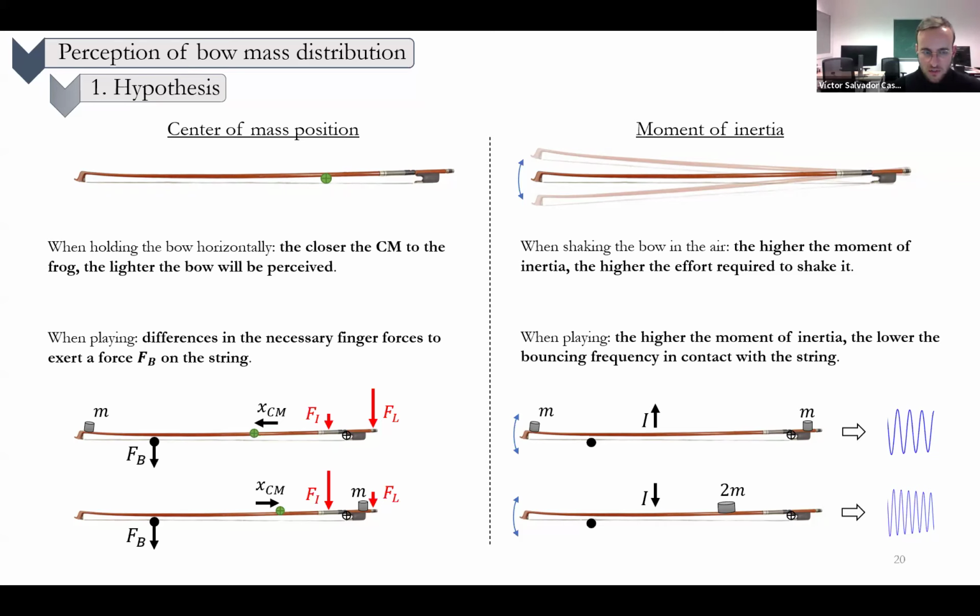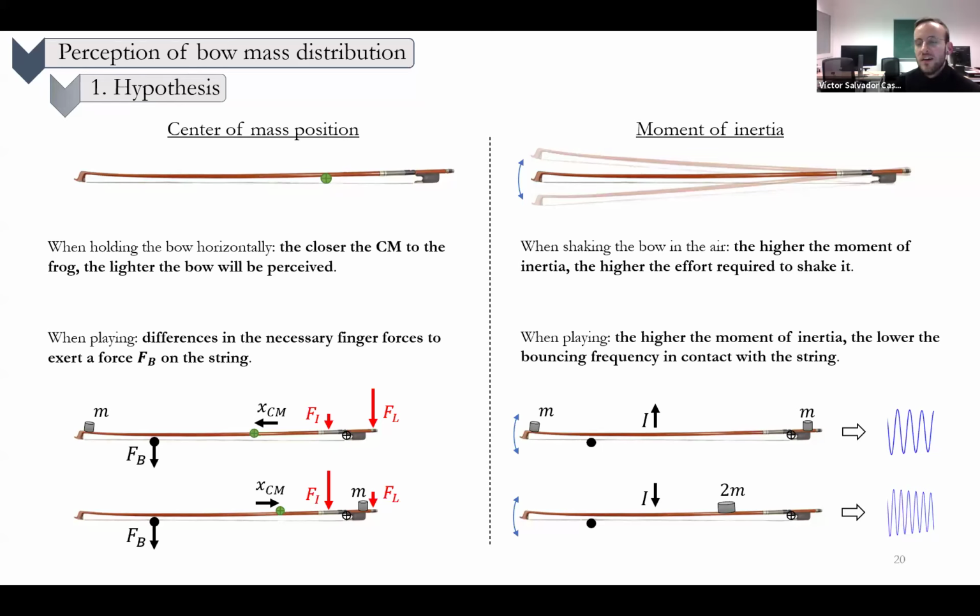So knowing that, if that was taken into account, yes, we asked them to hold the bow horizontally. And when playing, we asked them to play on the G string, but we asked them to play freely mostly.